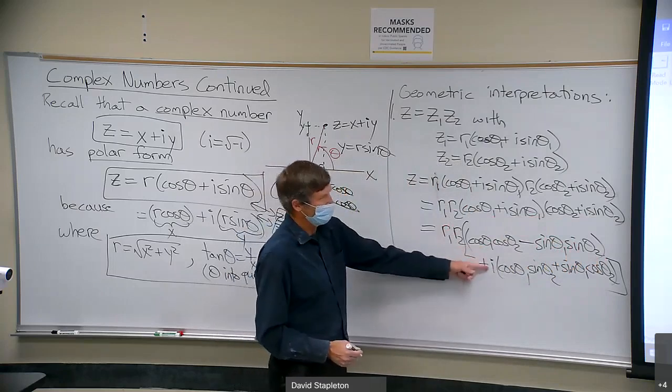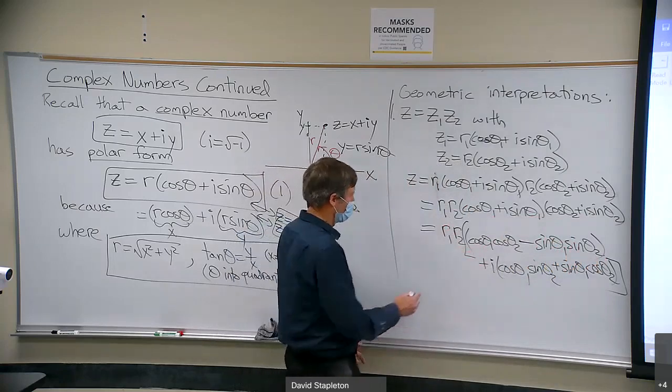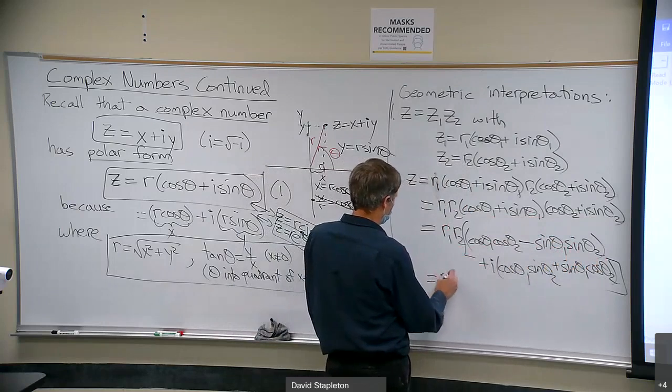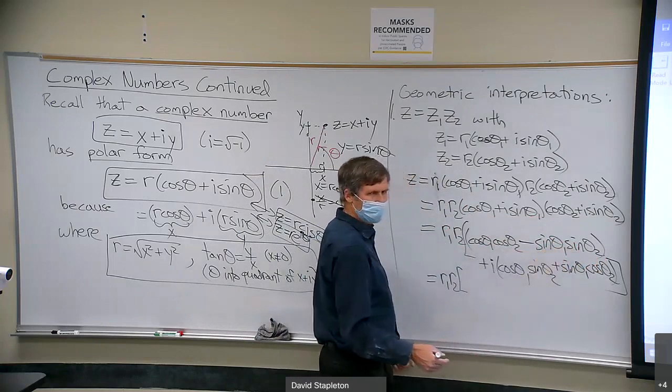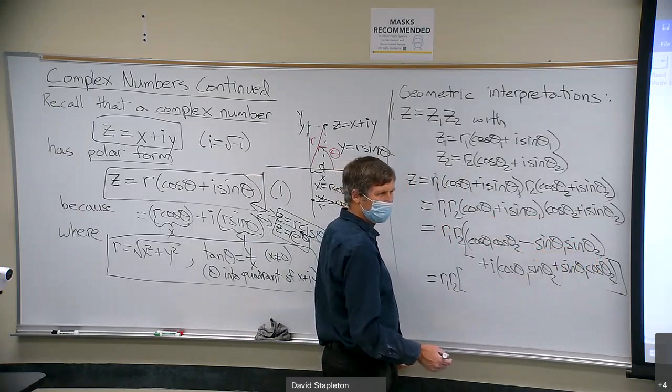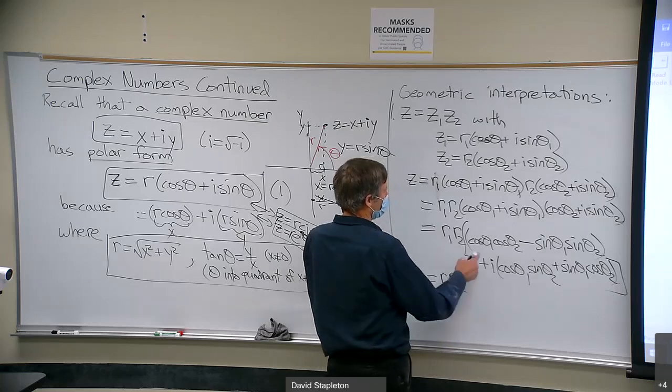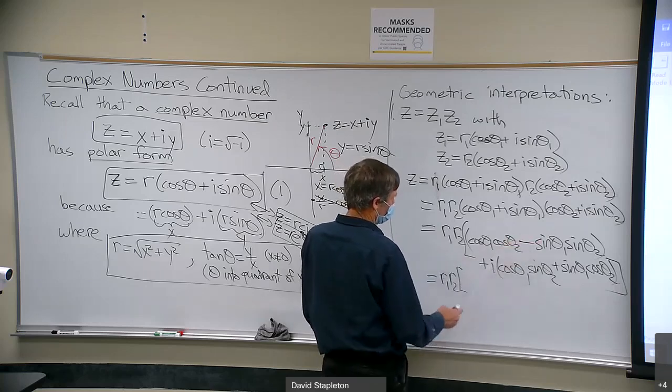Now, what is this in here? Cosine, cosine, minus sine, sine. Where did we see that before? Remember? Back to test 3, right? Cosine, cosine, minus sine, sine is the sum formula for cosine.